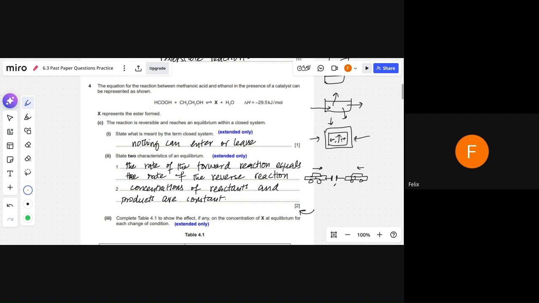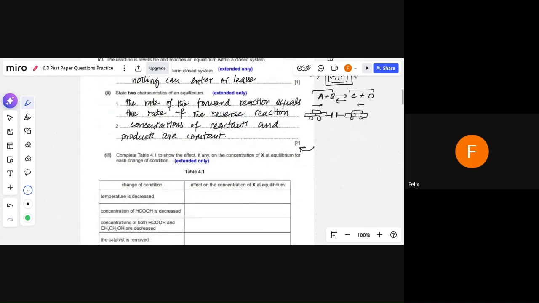Now, if their speeds are equal, they will appear to be stopped, they will not move, right? So this is what happens in equilibrium. If we have a forward reaction, A plus B changing into C and D, and then C and D react back and produce A and B, when their rates are equal, we say that the reaction is at equilibrium, and the concentrations of the reactants and the products don't change, just like these cars, they don't move. So I hope this is clear.